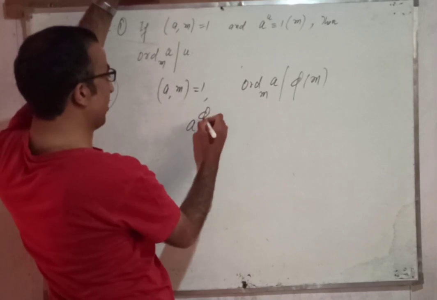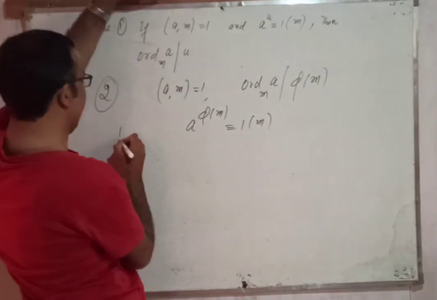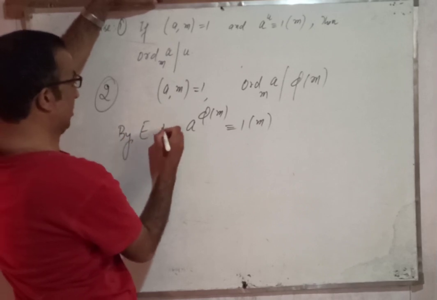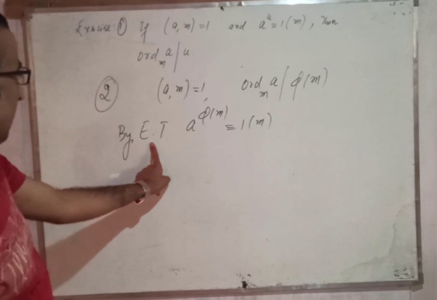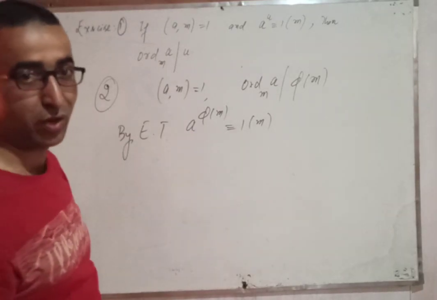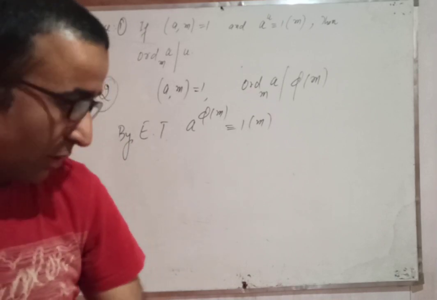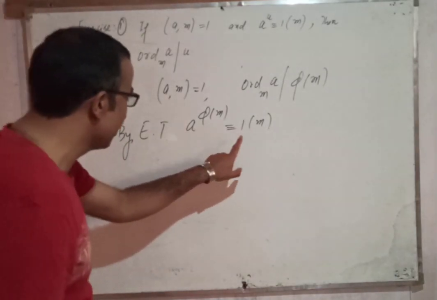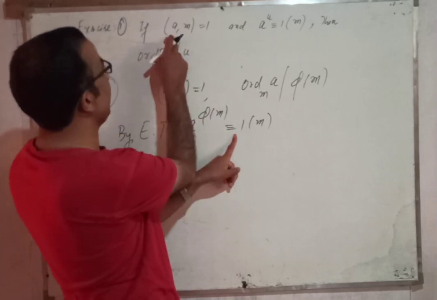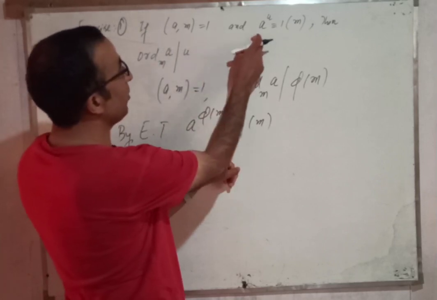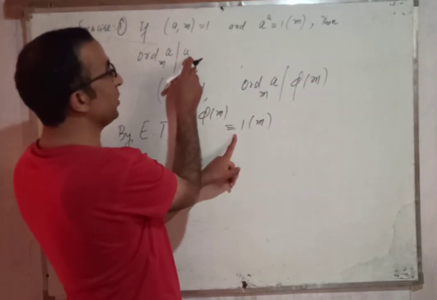By Euler's theorem, a power phi of m is congruent to 1 mod m. Now this exercise says if (a, m) is 1 and a power u is congruent to 1 mod m, then the order of a must divide u.